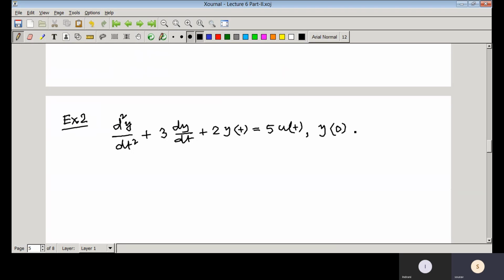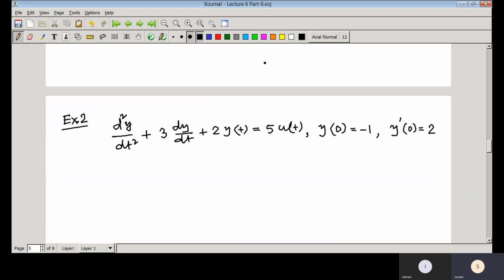So the initial condition we take y(0) is equal to -1, and also you need the information about the first derivative of that one to complete the description of the second order differential equation.